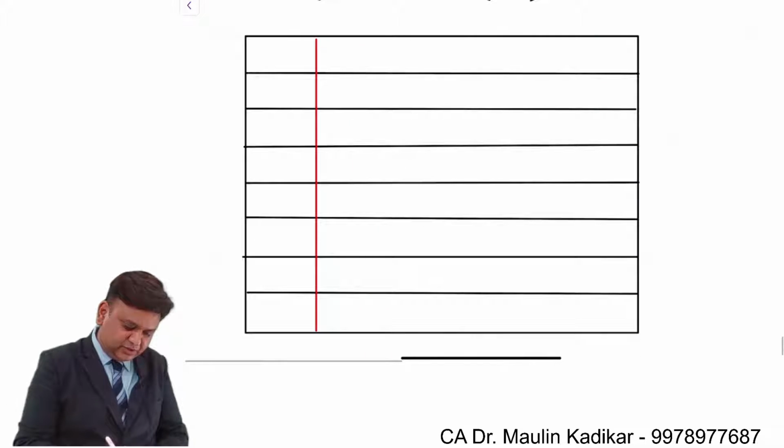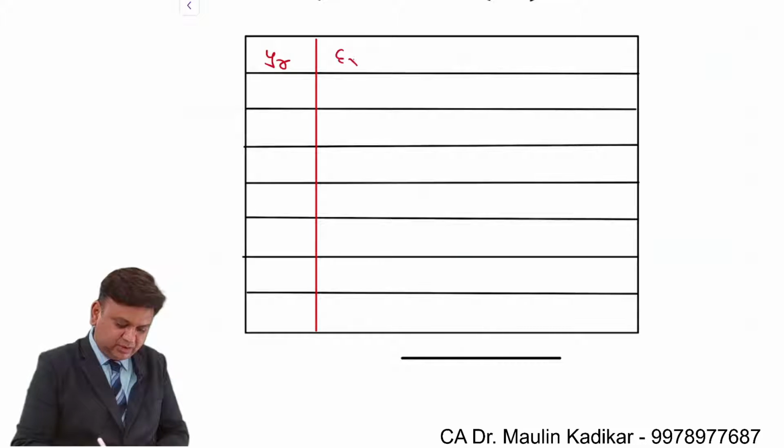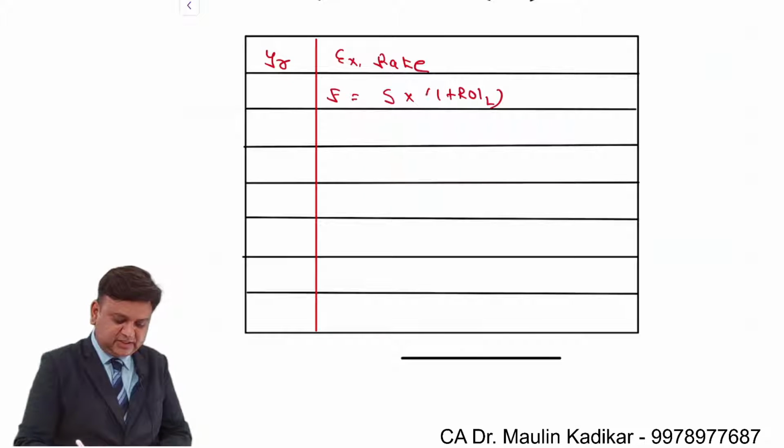So we can make the calculation like this. Column number 1 is year, column number 2 is exchange rate. Dear students, the forward exchange rate will be found as spot into 1 plus rate of interest for the left hand side currency raised to n, whole divided by 1 plus rate of interest for the right hand side currency raised to n once again.